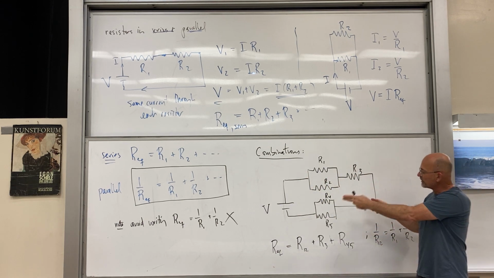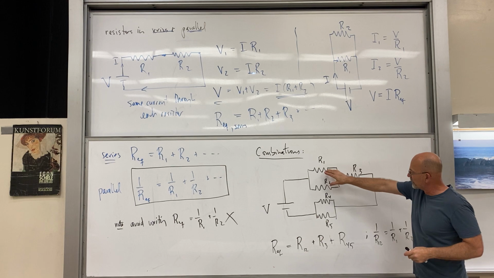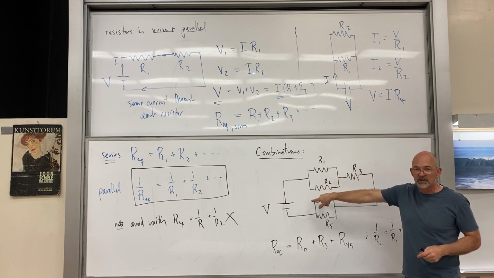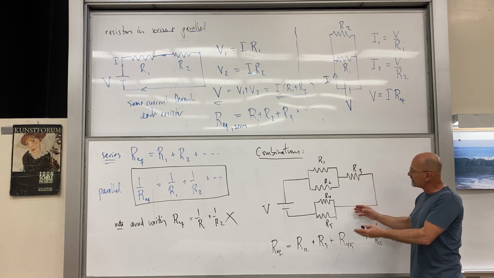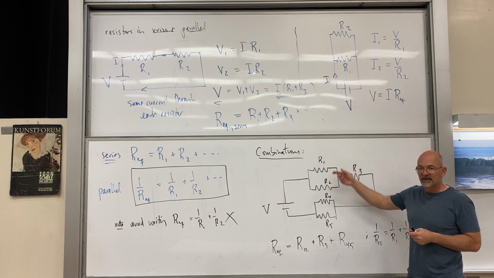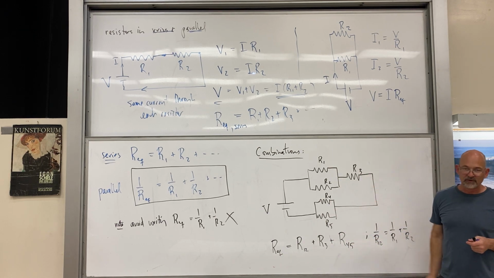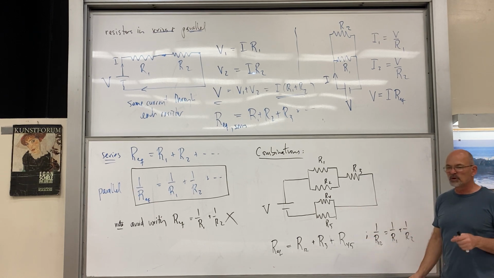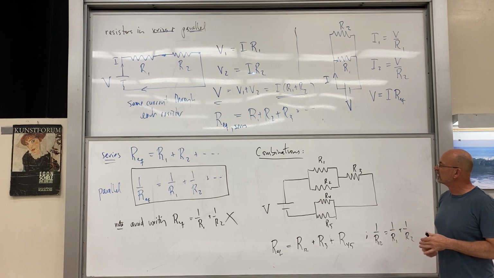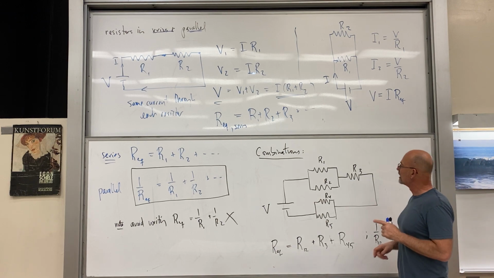You get the current through each individual, and you can eventually find all the voltage drops, all the powers being dissipated, and all of the currents. So that would be the complete analysis of one of these. And we'll do a couple of these on the homework, and then that's good. Then we understand that. So those are the combinations.